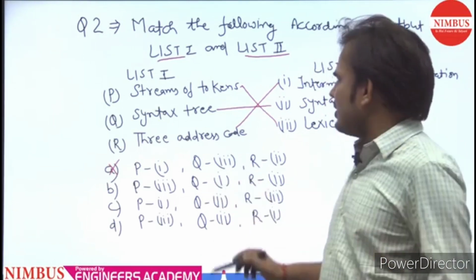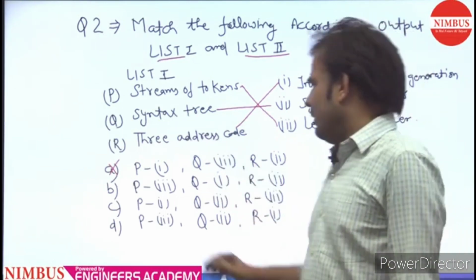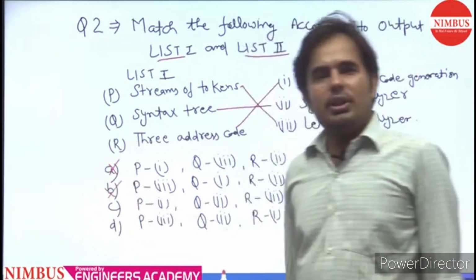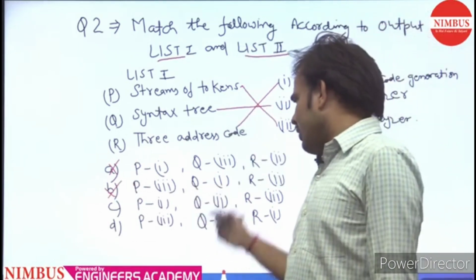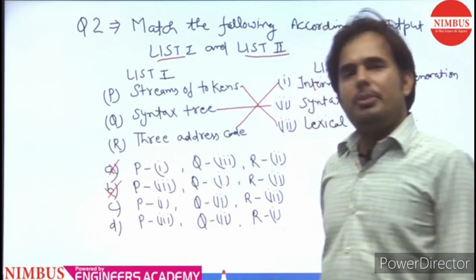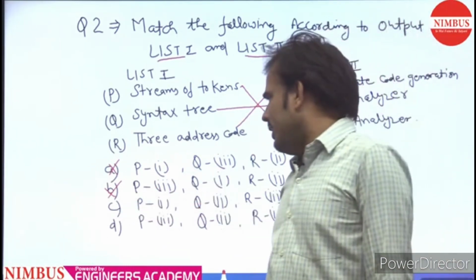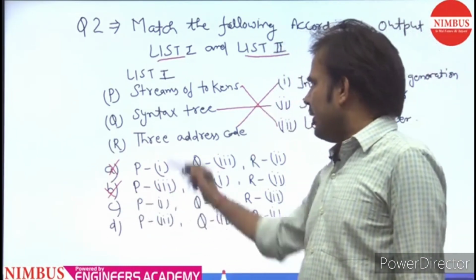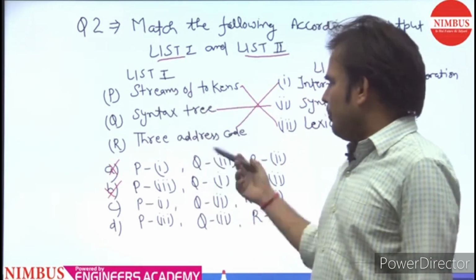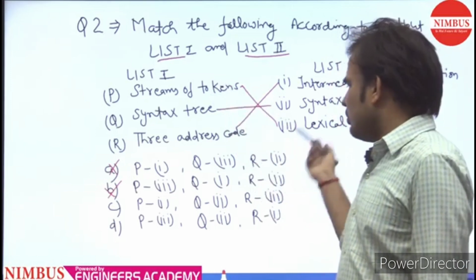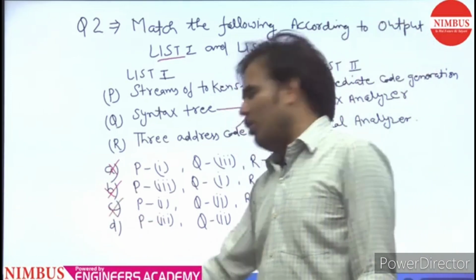Q belongs to first, but Q belongs to second, so that's why option B is wrong. Q belongs to second, but here Q is given as first, that's why option B is wrong. Come on, option C. P belongs to first, no, P does not belong to first, P belongs to third, so option C is also wrong.